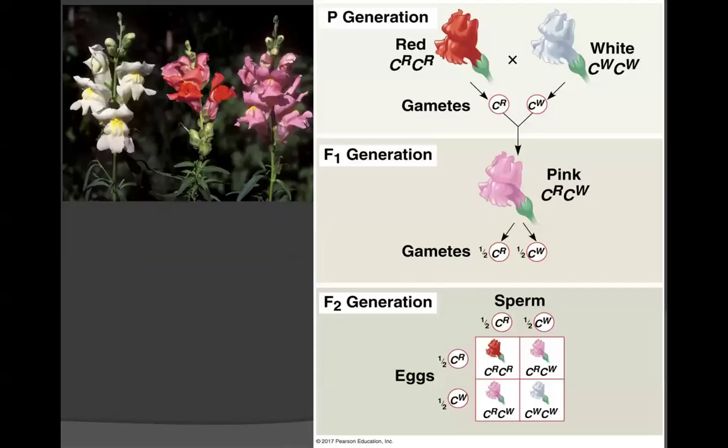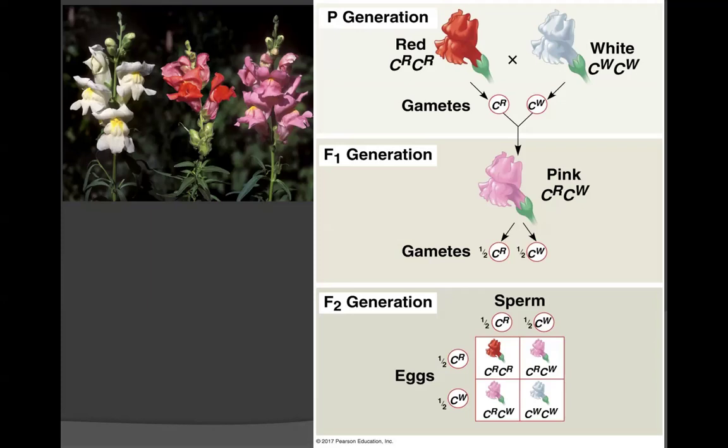This diagram here illustrates the concept of incomplete dominance. We have a red snapdragon crossed with a white snapdragon. The only gametes that can be produced by the red individual are ones with CR. The only gametes that can be produced by the white individual would be CW.